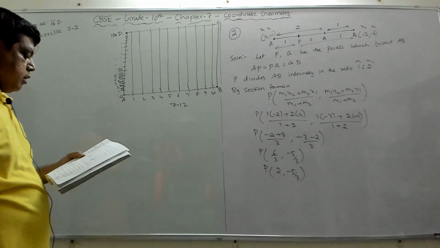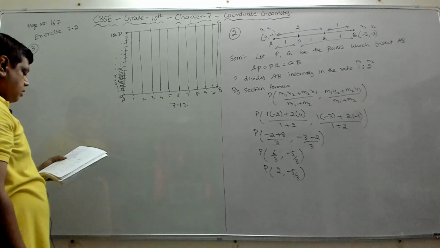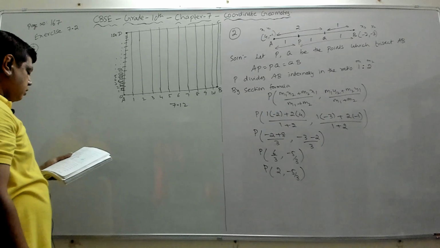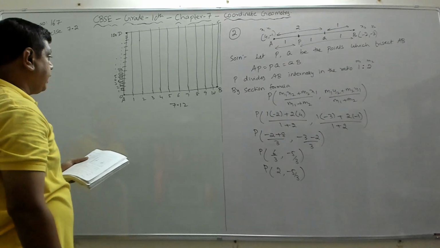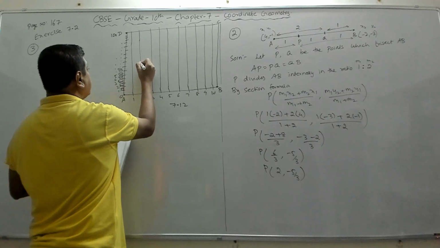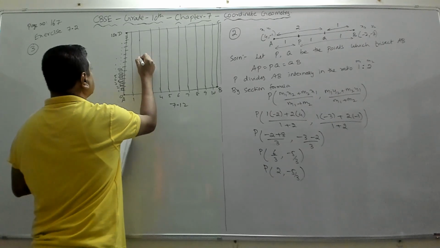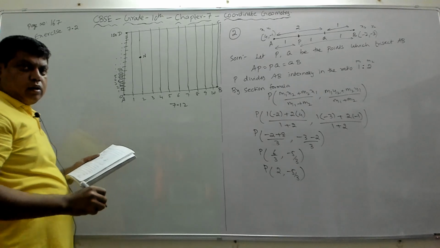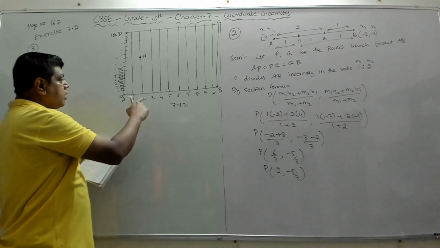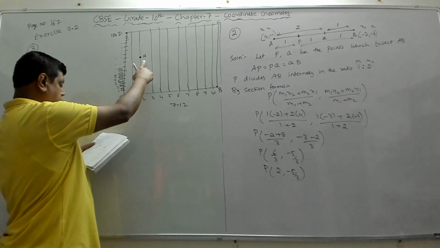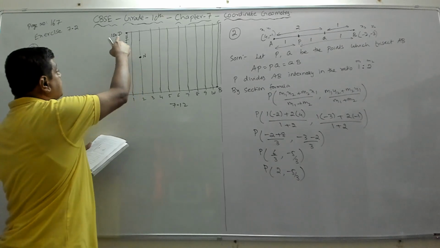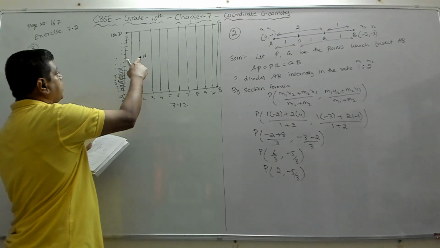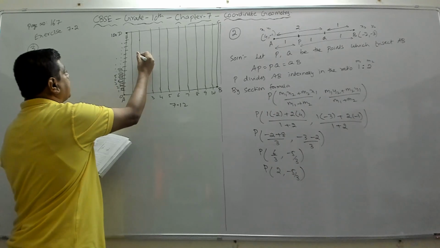Now Niharika runs 1/4 the distance AD on the second lane. I will call her N. So a girl named Niharika is running at the second lane, and she runs 1/4 of the distance of AD.